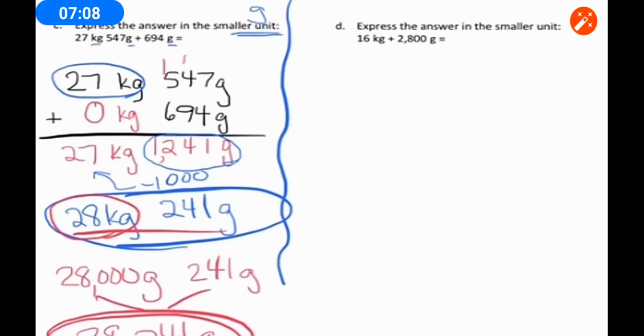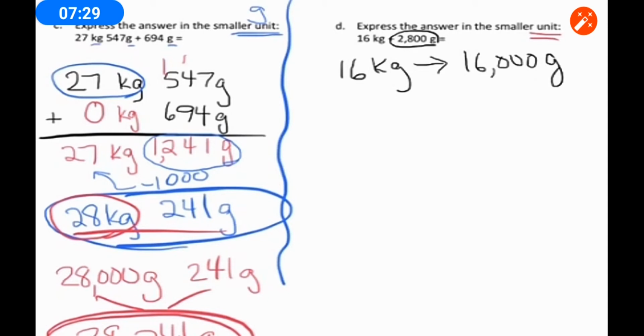Express in smaller unit, 16 kilograms plus 2,800 grams. We are asked to express in smaller unit. 16 kilograms will give you how many grams? 16,000 grams. Good. We already have grams there, so we are not changing that.